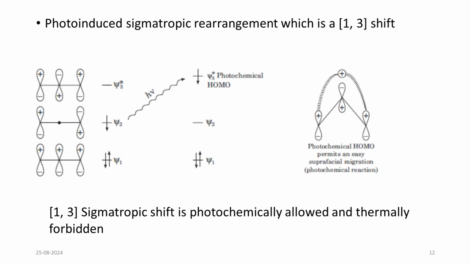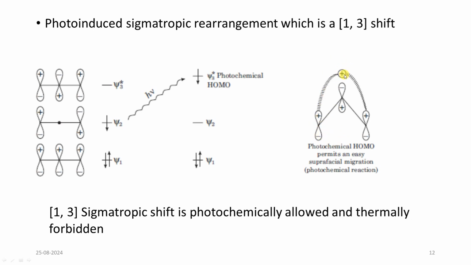Let us consider the photo-induced sigmatropic rearrangement in the 1,3 hydrogen shift, whether that is feasible or not. For photo-induced sigmatropic rearrangement, we have to consider the excited state HOMO. We have already seen Psi3, the excited state HOMO, which is an anti-bonding molecular orbital. Now we have to see the suprafacial as well as antarafacial migration. This is a suprafacial migration.